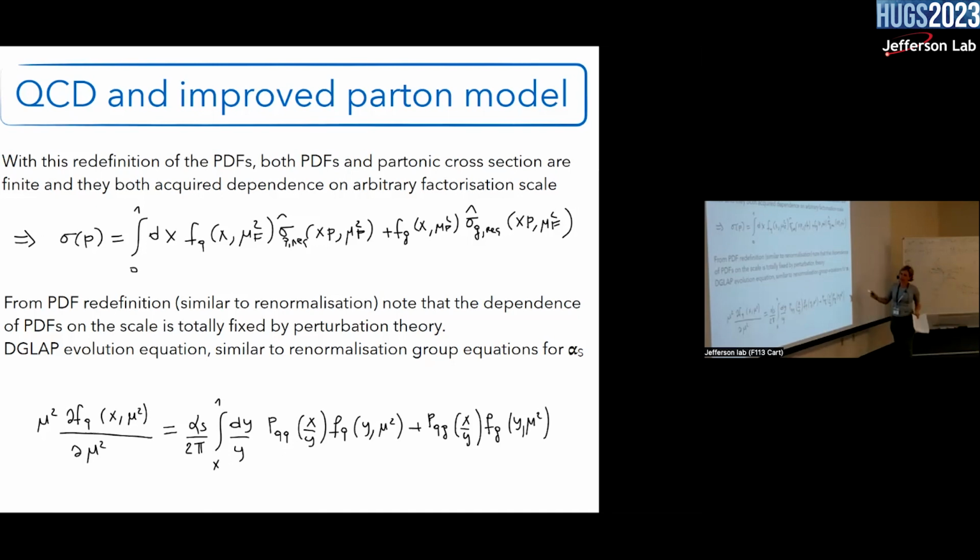When you do that, the cross-section is finite, because now you have a regular Partonic cross-section in which you no longer have the collinear singularity, because the divergent bit of the log was eaten away by these functions over here.